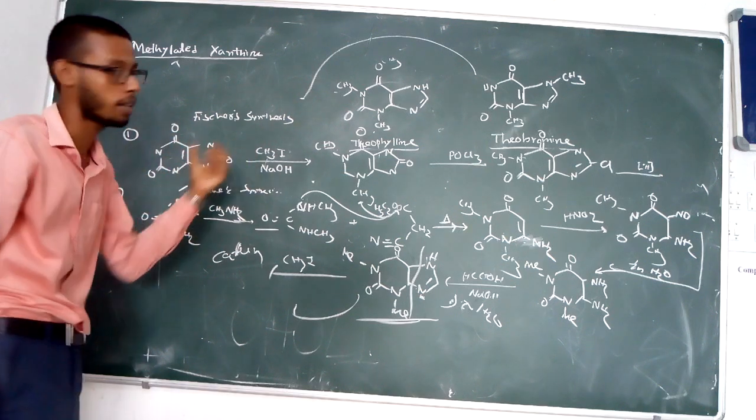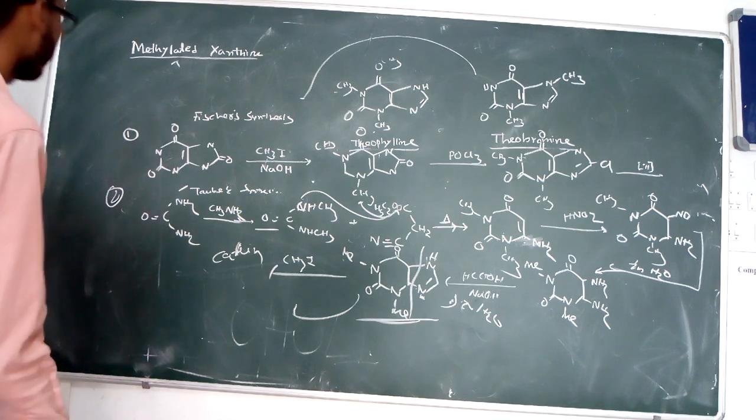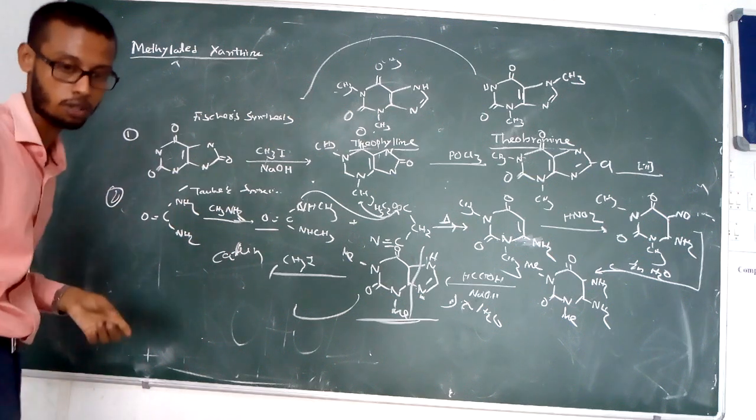The methyl iodide is used for the treatment, in the presence of sodium hydroxide, and it will produce 3-methyl uric acid, which is the 3-methylated uric acid, and which is next subjected to chlorination, and it will produce 8-chloro 3-methyl uric acid. Let's see the structure of that compound.